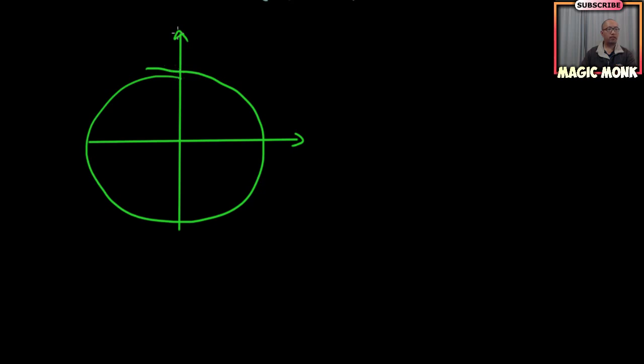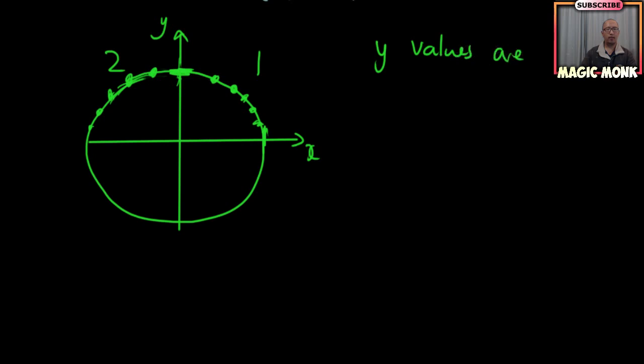So, when you're looking at this unit circle, if you look at the coordinates, all the y values over here on quadrants 1 and 2 are positive.